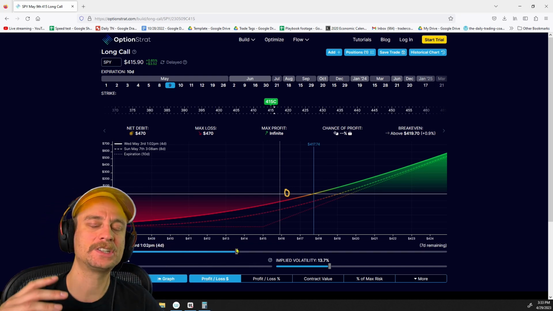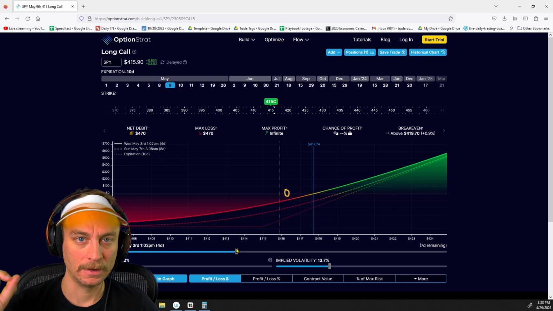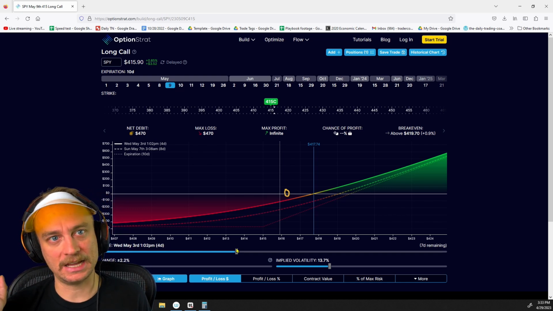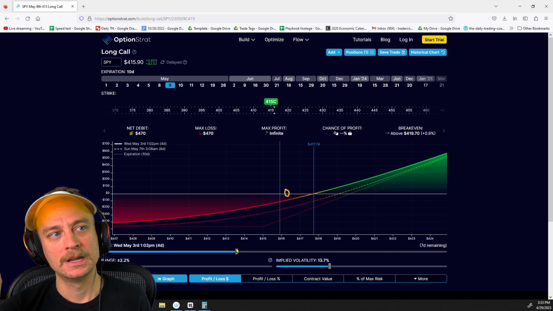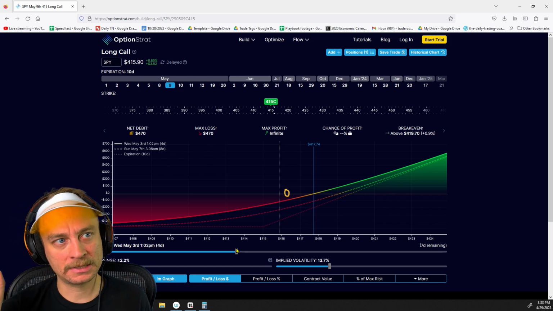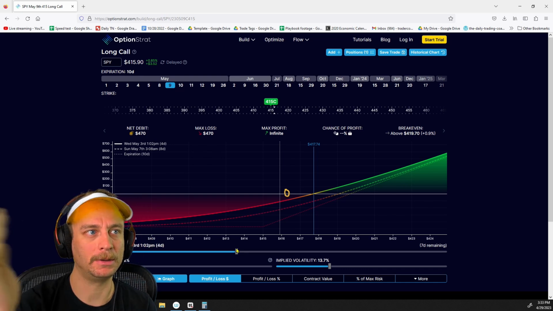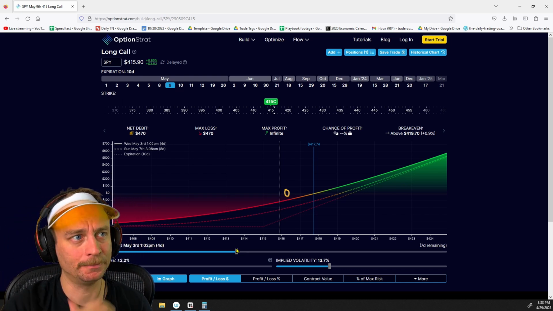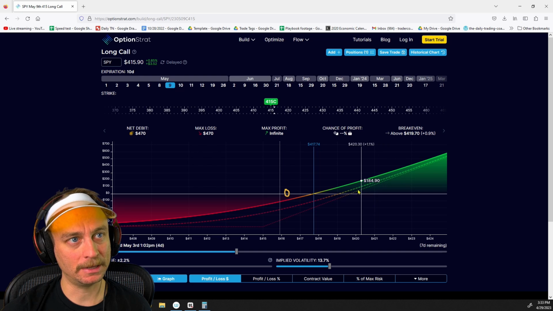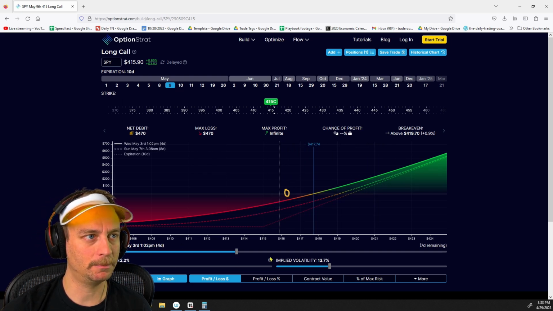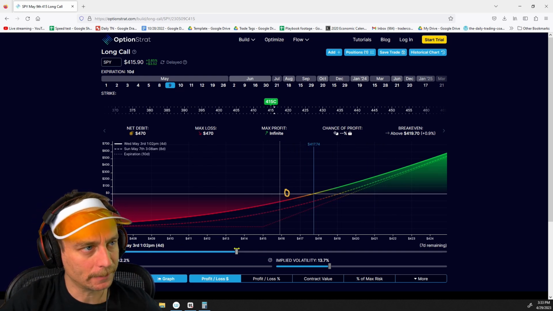And that's assuming the price doesn't move. That's assuming the price stays exactly where it is, and SPY is trading at the exact same bid offer. Obviously, it's going to be moving up and down, and you could either be immediately in the money or out of the money. But let's just assume the market's not moving.